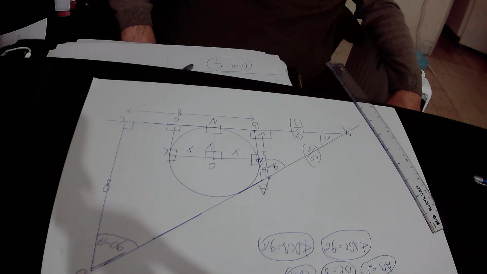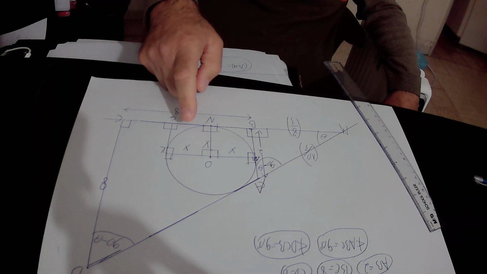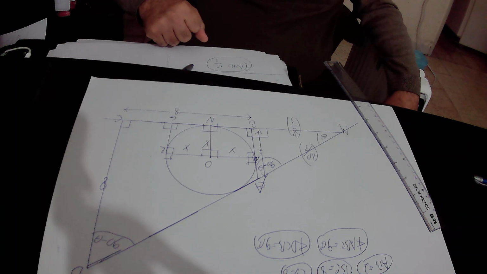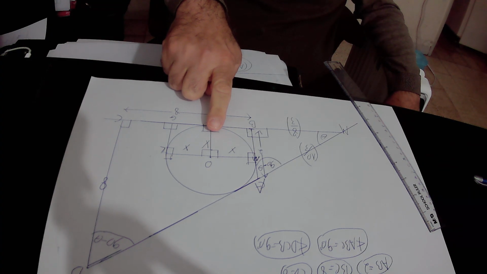So what happens at their touching point, that is to say at point O, what happens at the touching point of the two radii with each other? Actually at their touching point, that is point O, they create between them an angle of 180 degrees.